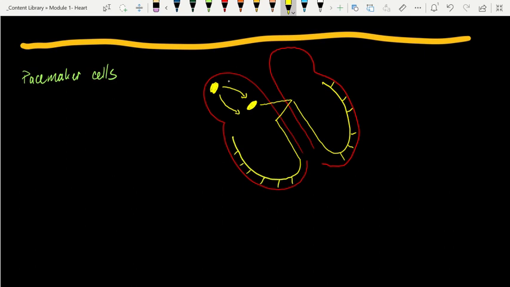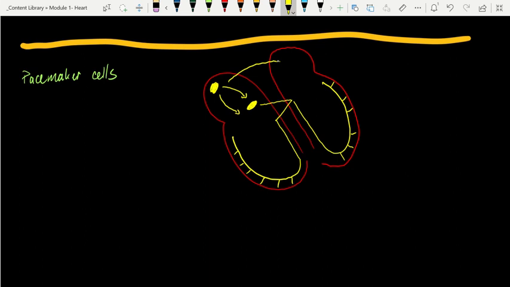We also have a signal. This is Bachmann's bundle coming over. It's a rapid conduction pathway to deliver the signal, the action potential, to the left side of the heart. Everything that we see up here, the SA node, the AV node, the Purkinje fibers, these are all made of pacemaker cells, and they actually all have their inherent pacemaker potential.